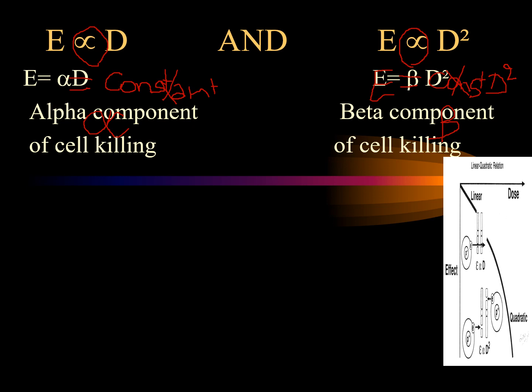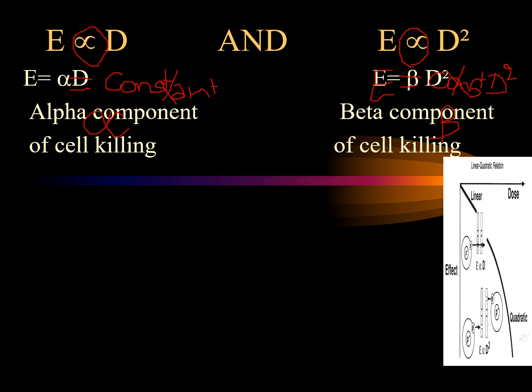And then they called cell death in the first part of the curve, the straight part, the alpha component of cell killing, just to hurt us and make it more complicated. But now you understand what this means.